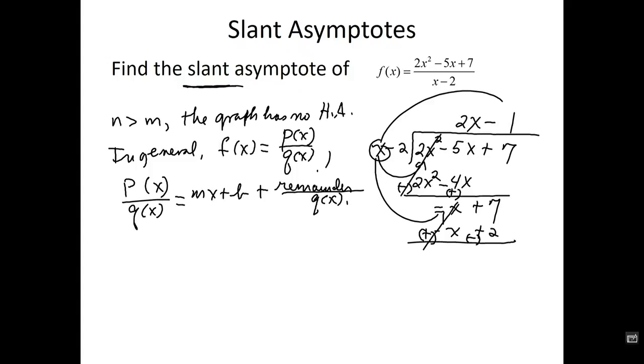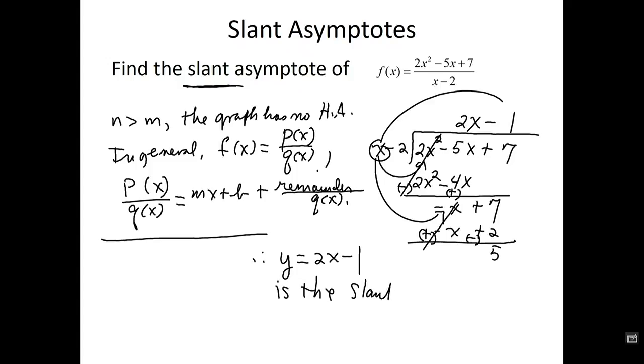So we have negative 2 plus 7 is 5. All right, so therefore, the line y is equal to 2x minus 1 is the slant asymptote.